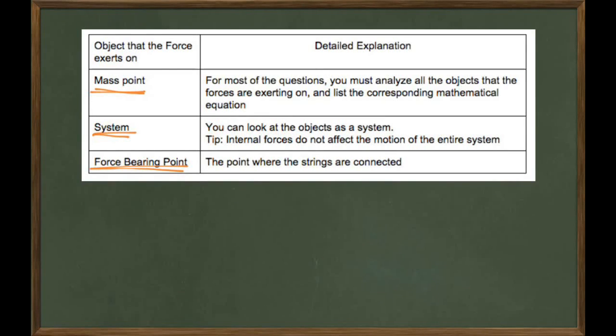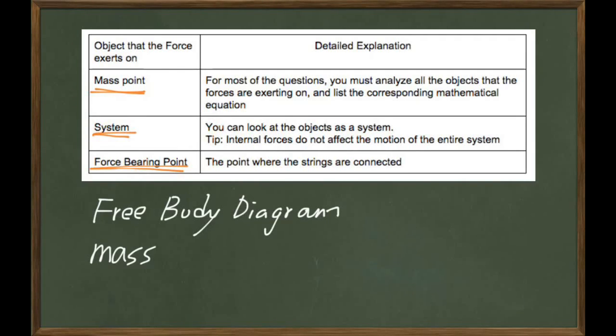In the last lecture, we've mentioned the free body diagram. To draw a free body diagram, what you do is you ignore the details and represent the entire object with a single mass point. The mass point, I'm just going to define what mass point is right here.